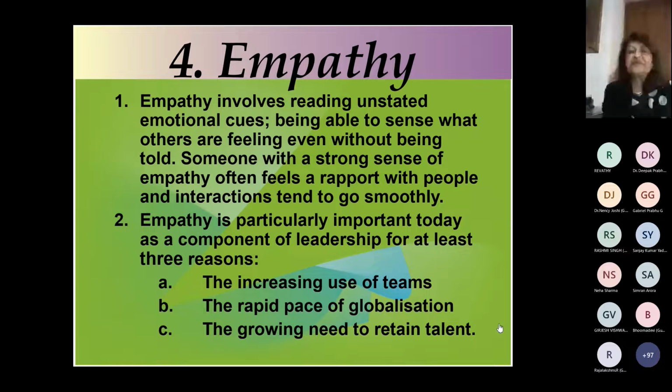Now, the fourth one is initiative. Empathy means initiative. You are taking the initiative and you are proactive in understanding how the person is feeling before you act, before you behave. So it couples the ability to act with the ability to include other people's needs.